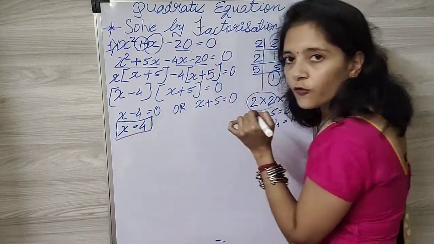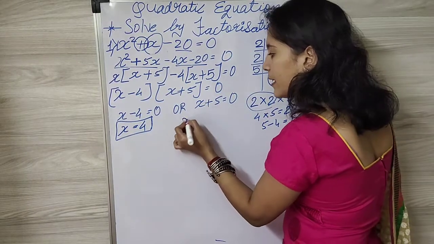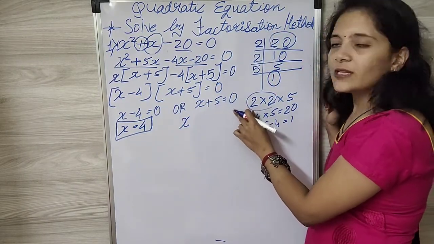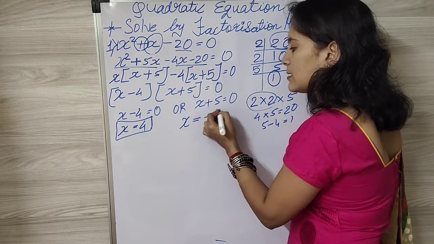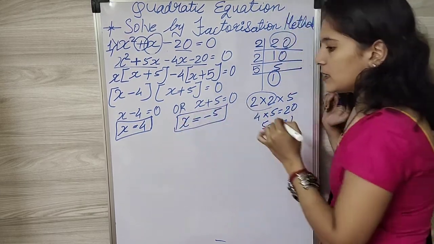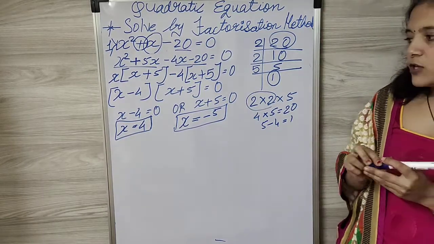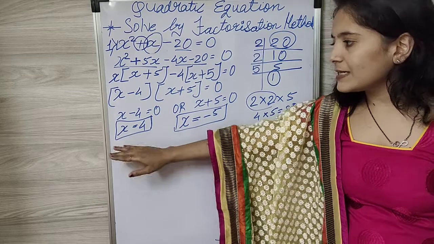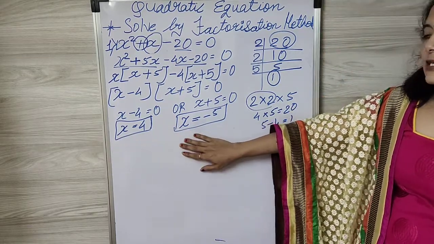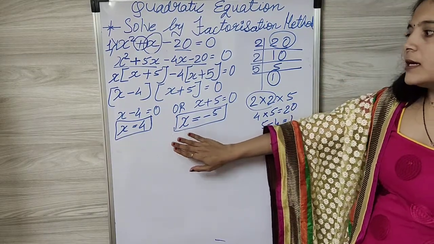I got one value of x. Now another, x plus 5: when it shifts to this side, it becomes minus 5. So x is equal to minus 5. I think you have understood this question. I got two values, that is x is equal to 4 and x is equal to minus 5 for this question.